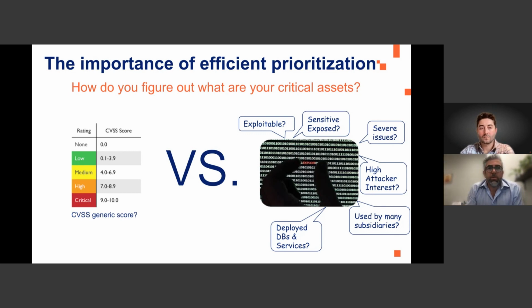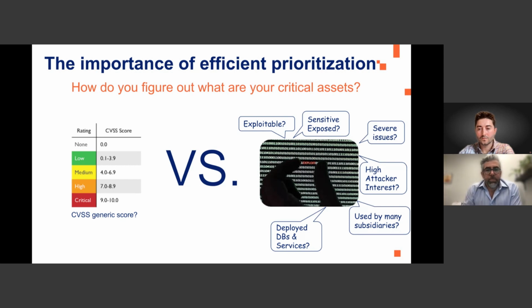Yes, we also look at the severe issues based on CVSS and other tools. What is the attacker's interest in this asset? How are they talking about it in their chats, how are they communicating about this kind of asset? And of course, which subsidiaries or organizations under my organization are using this asset. This also brings me a lot of insight into how important this asset is for my organization.